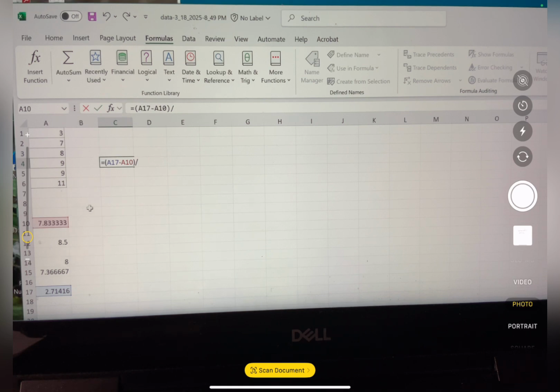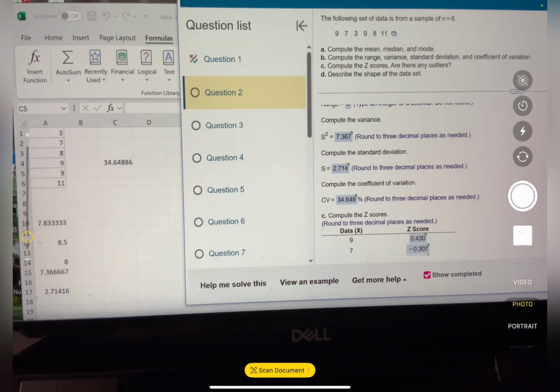Actually not, I'm doing the wrong thing, hold on. Standard deviation, I have to divide by average. There we go. Put in parentheses. And then multiply, we put star, by 100. 3464. Here we go.